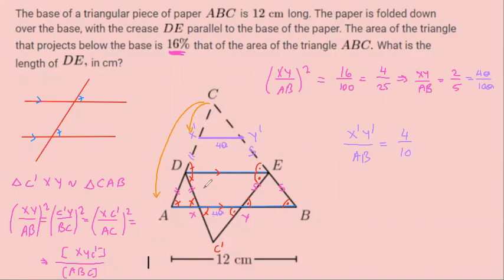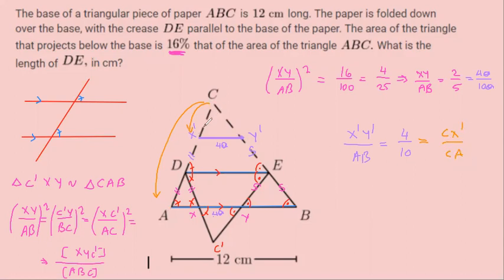So you have this angle the same as this one, this angle the same as this one. So CX prime y prime is similar to CAB. So then the ratio of this segment to AB, which is 4 to 10, has to be equal to CX prime over CA.